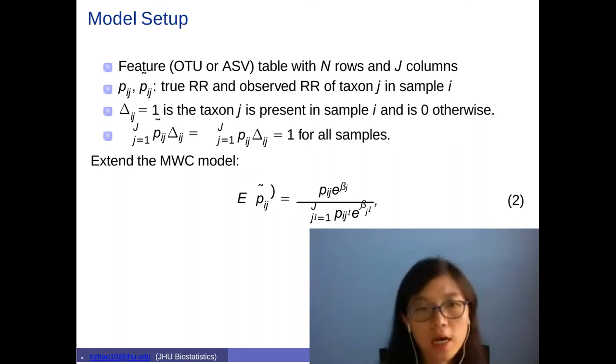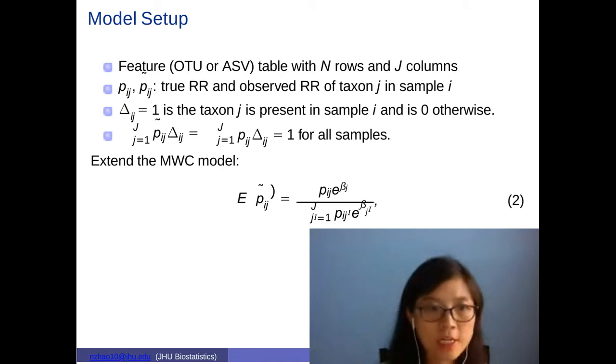Of course, we assume that all the relative abundances in that sample sum up to 1, in both the true and the observed relative abundance sense. This is just for normalization.